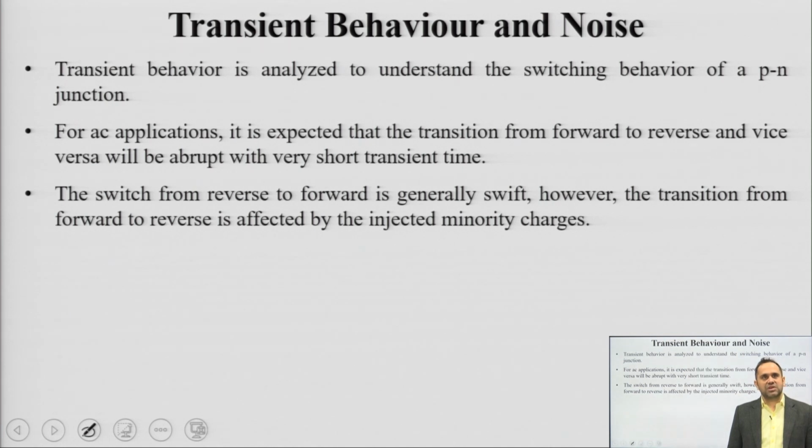However, the transition from forward to reverse, from on to off, is actually affected by how much charge you have already injected. When you forward bias a diode, you inject charge carriers on either side. Because you injected charge carriers, they are still there, and all of a sudden when you change to reverse bias, that charge has to be removed so that you switch from forward to reverse. That is usually a spot of an issue.